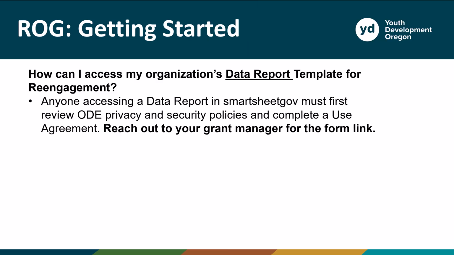So in terms of how you get started in re-engagement data reporting, the first step is that your grant manager will provide you with a link to information and a use agreement form where you review the ODE security and privacy protocols and policies and then complete that use agreement. So if you don't have that form link yet, please reach out to your grant manager for that.